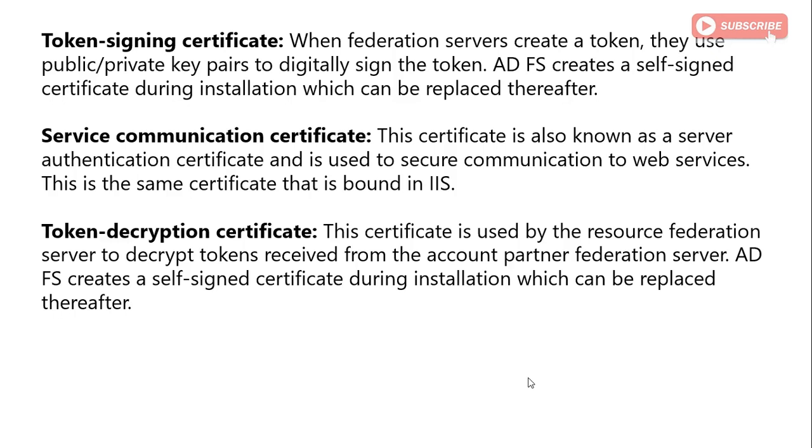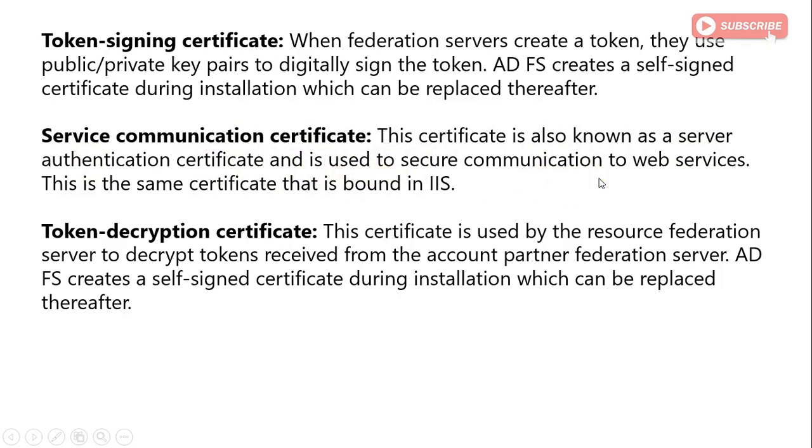Now, the token signing certificate. When federation servers create a token, they use a public or private key pair to digitally sign the token. And the service communication certificate is also known as the server authentication certificate, and it is used for secure communication.